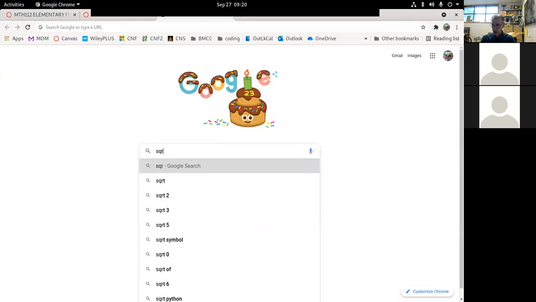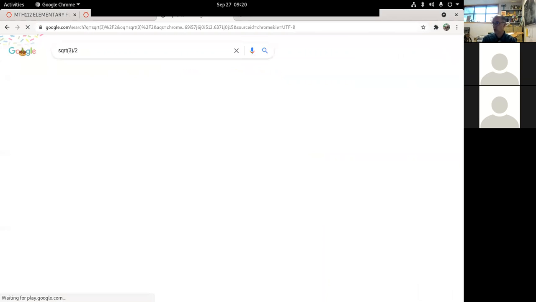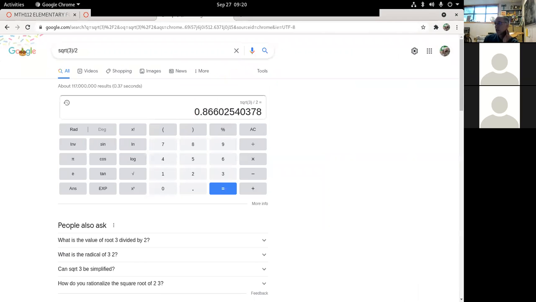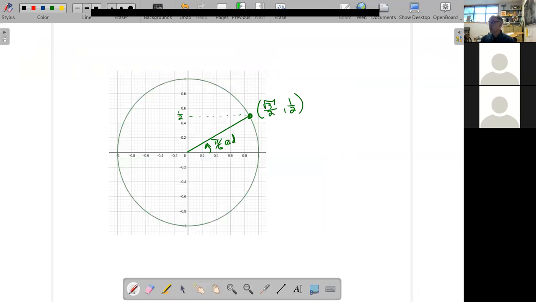So you can either bring up a calculator or in Google just type square root parentheses 3, close parentheses, divide by 2, and Google says, hey, you want a calculator? So 0.866, 0.866. And does that look reasonable on my picture? 0.9 would be about over here. Yeah, I'm a little bit over, but it's close. That's in the ballpark.